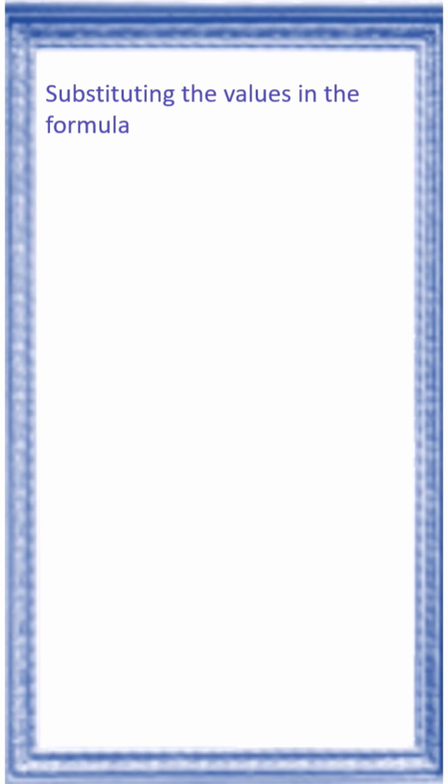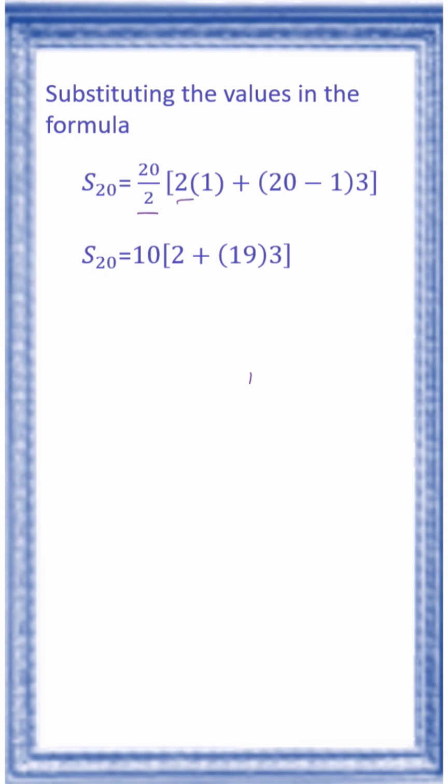Now let us substitute the values in the formula. You know the formula. S20 is equal to 20 by 2 into (2 into 1 plus (20 minus 1) into 3). Here 20 by 2 is 10, 2 into 1 is 2, and this is 19 into 3.